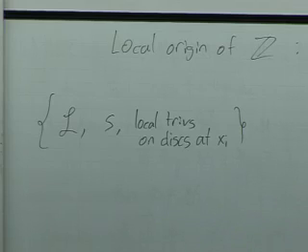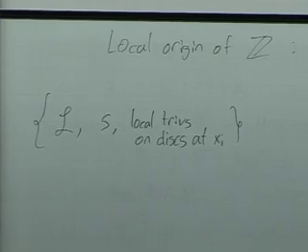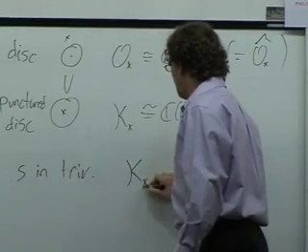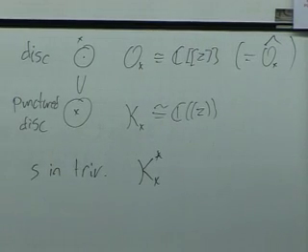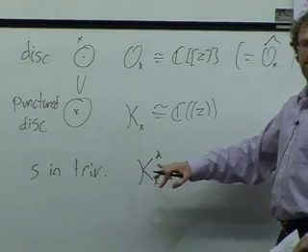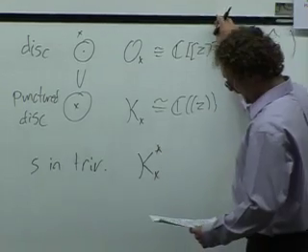Well, if you use this trivialization, you write in the trivialization of my line bundle on this disk, S in this trivialization gives me an element of K_x^*. So I'm going to think of my meromorphic section near this point. In the trivialization, it's just a Laurent series, but it's non-zero. It's not the zero Laurent series. So it's invertible as a Laurent series.